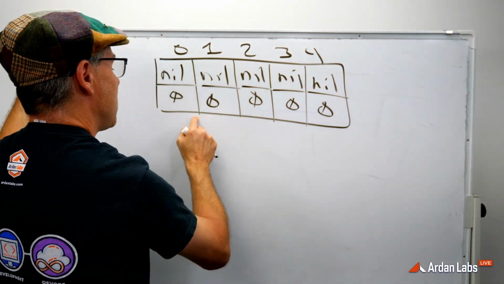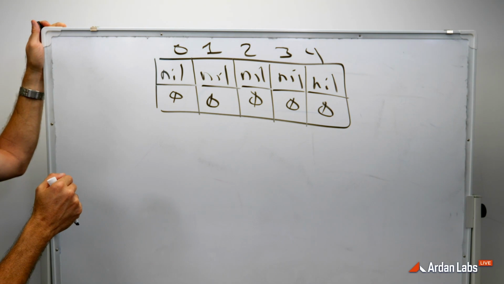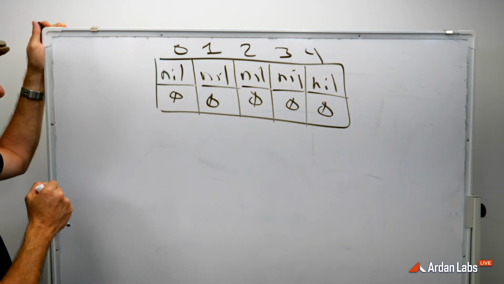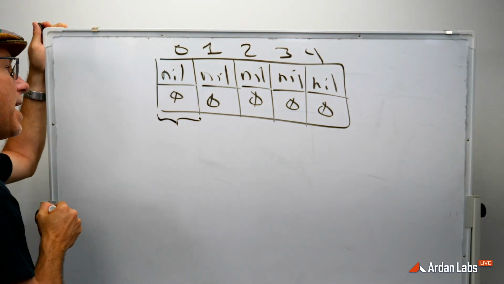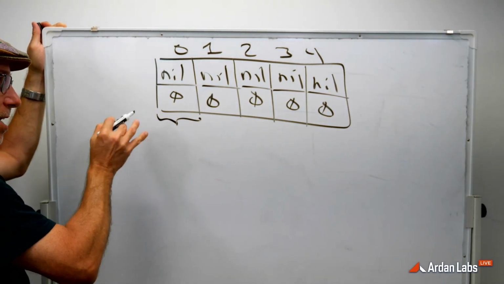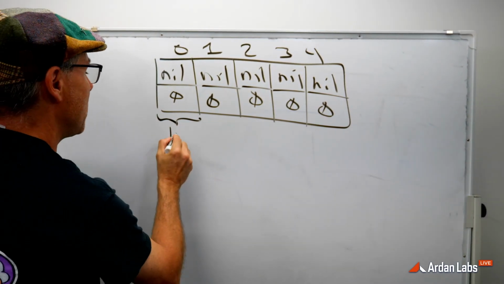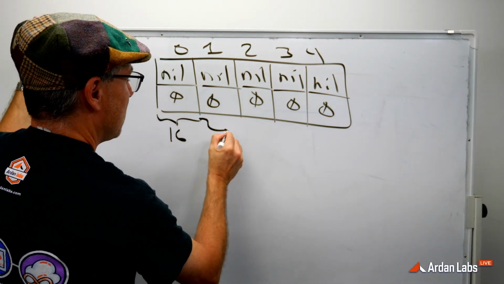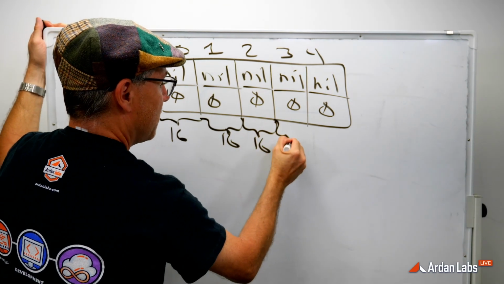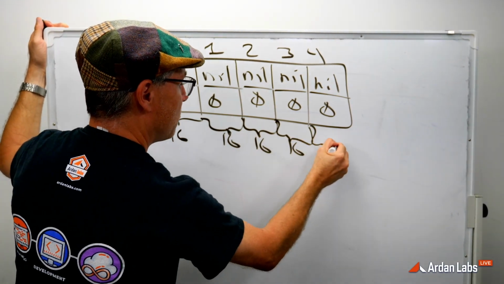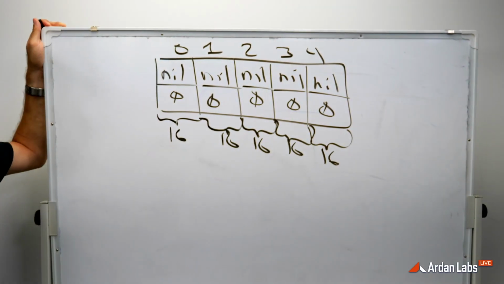And the other nice thing about the array is that it gives us a predictable stride. So we know that this string is 2 words, each 8 bytes. We know that there are 16 bytes in between each element here. And it gives us a predictable stride as we walk through memory.